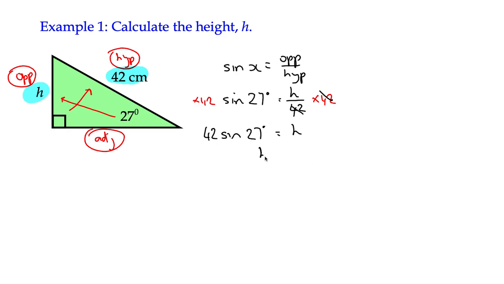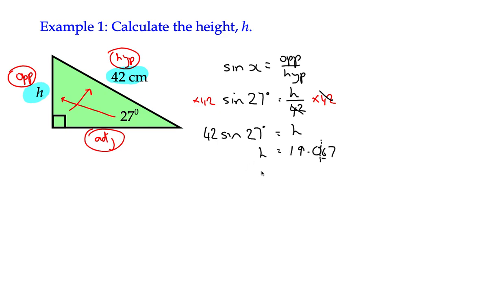H, therefore, is just those two numbers multiplied together, and that's where you have to watch it with your calculator. So it's 42 multiplied by sin 27 this time, and not tan. Press equals, and we just do as we normally do. Write down what your calculator says, 19.067, and round to whatever would be helpful. So round it to one decimal place.